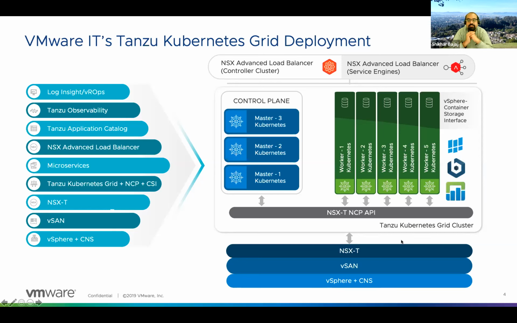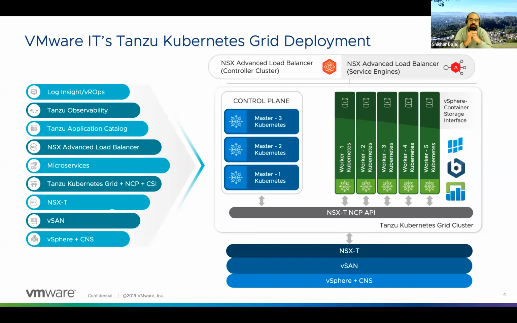The networking underlying it is NSX, and since we are a large enterprise, I mentioned that redundancy and availability are key for us. We do this by deploying multiple master nodes in the control plane as well as multiple worker nodes. We also take it a step further. For example, we have anti-affinity rules set up for the vSphere cluster to ensure that not all of the master node VMs are on the same CPU.